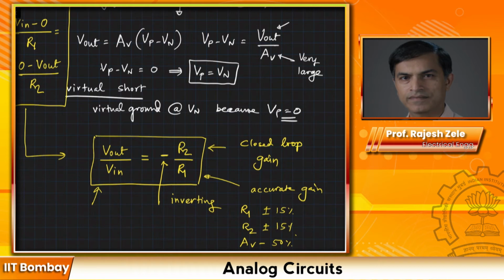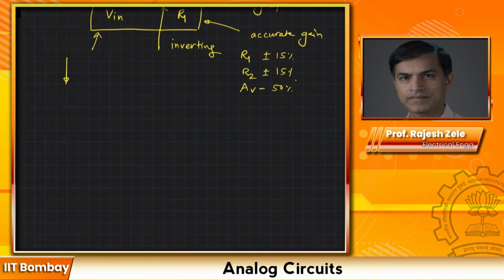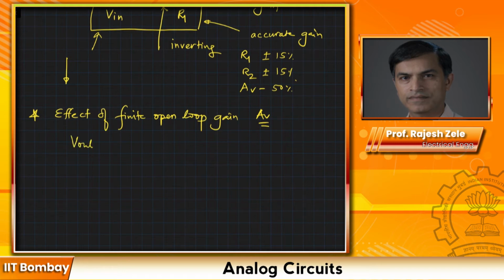As a next follow-up, we will figure out the effect of finite open loop gain. So that's our next topic. If you remember, Vout is equal to AV times Vp minus Vn. Now we will keep this term AV. We will not make any approximations, and we'll figure out what's going on.